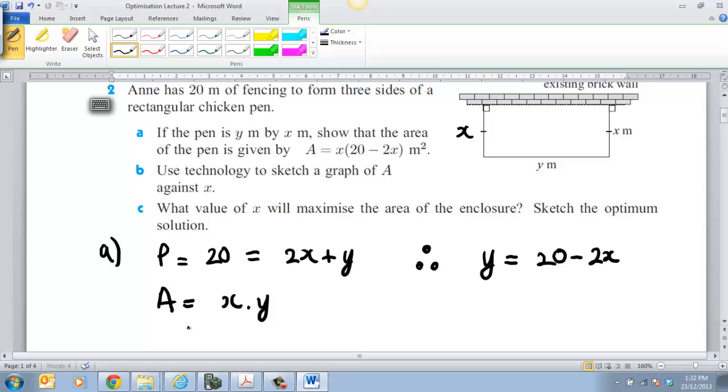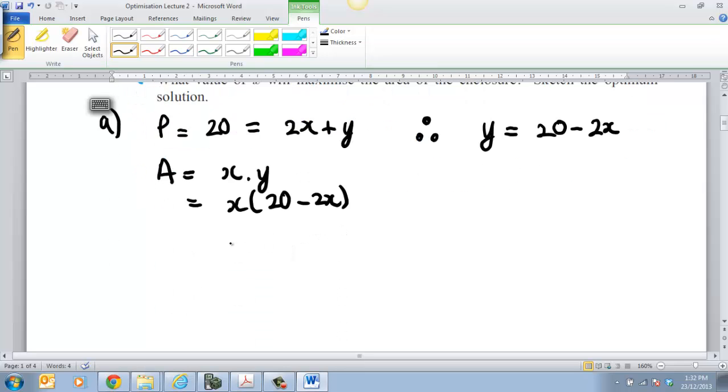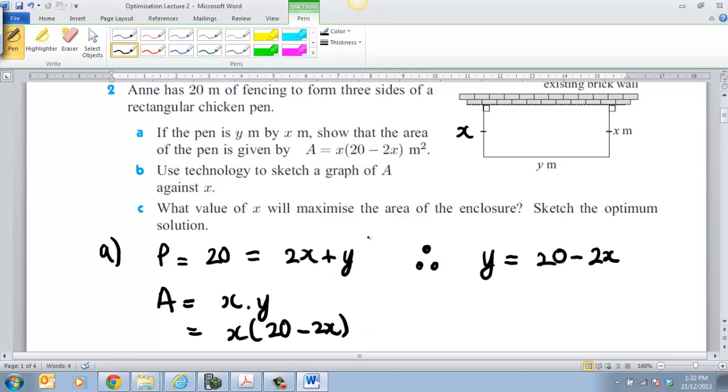So that's going to be equal to x times by, now we know y is equal to 20 take 2x. So therefore, we could say that's equal to 20x take 2x squared. Right, so I've actually shown that even the next stage on. So that's how we get that.